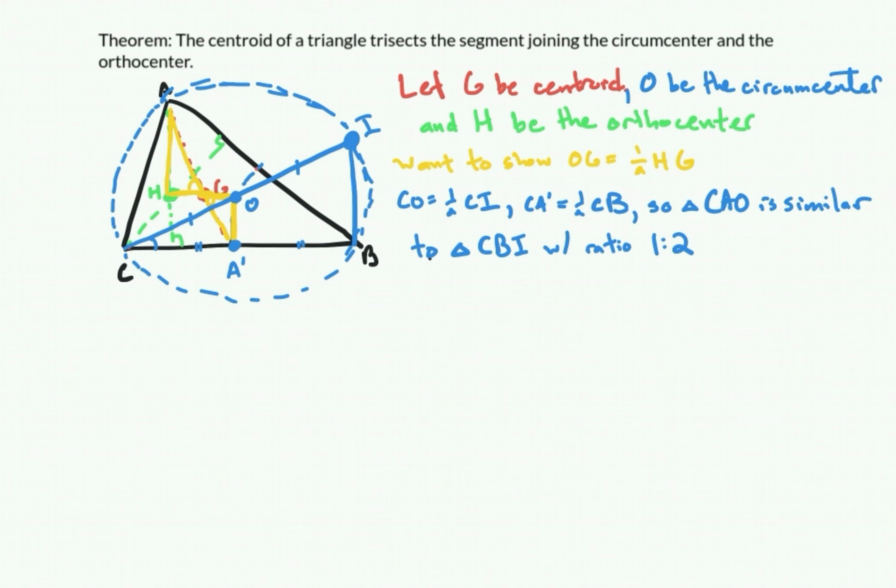So this tells me that also IB is twice OA prime. Okay. So that's just looking at the third side over here. All right, so we have this ratio right here. Now, the next thing I need to do is make some claim. I'm really trying to relate this triangle AHG to A prime OG.